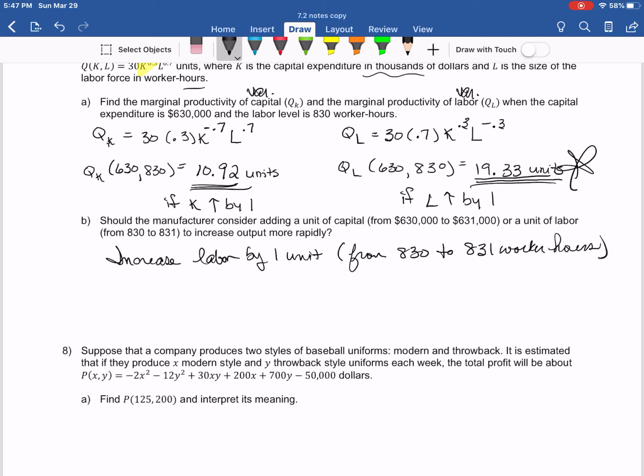The increase in hour that we have to pay somebody to do with their salary is worth it. We get a bigger bang for our productivity buck by increasing labor than if we would have poured more money into our company with capital expenditure, since 19.33 gives you a higher increase in productivity than 10.92.